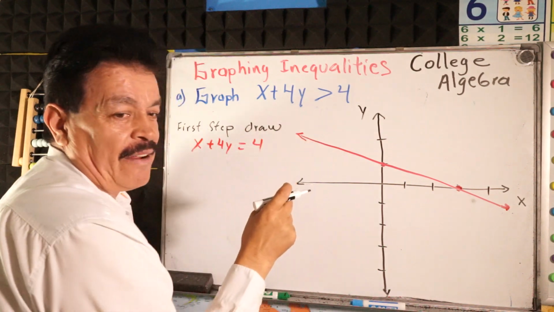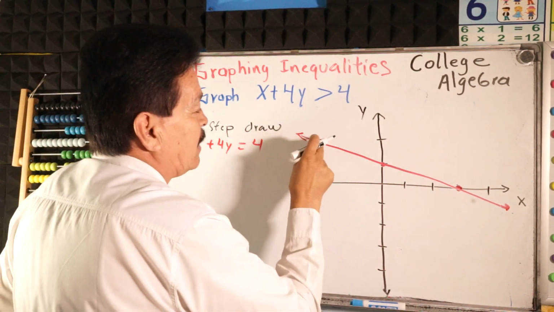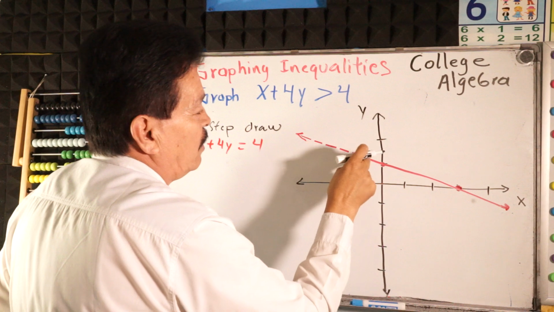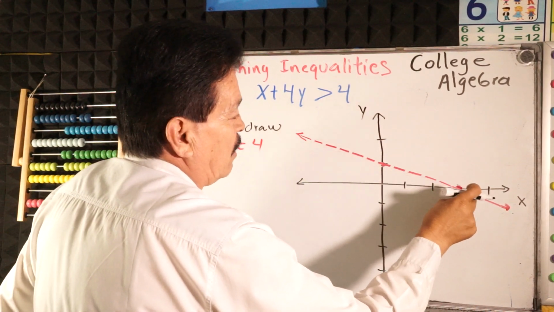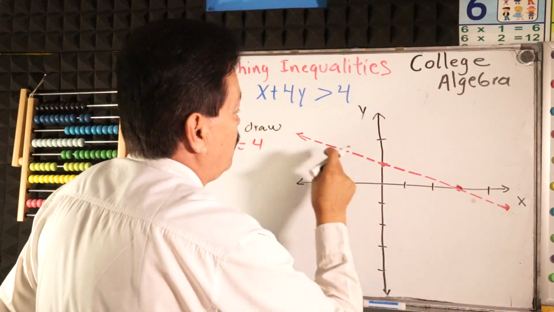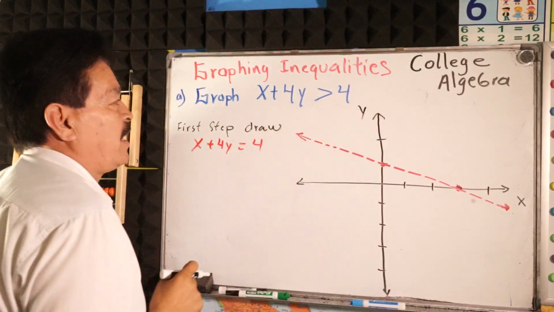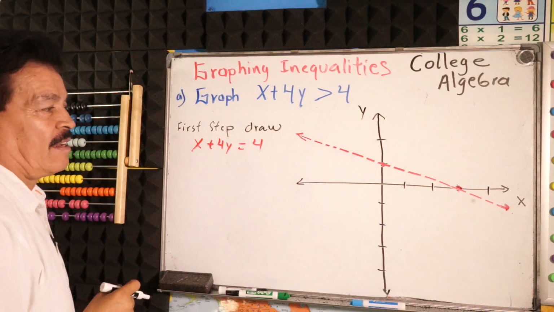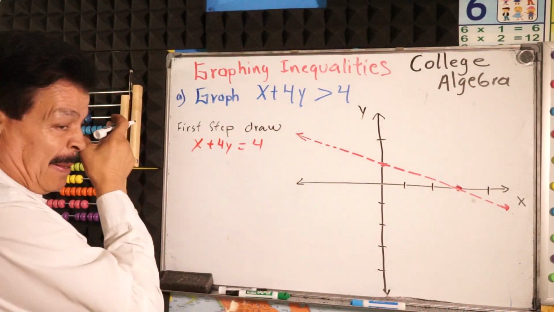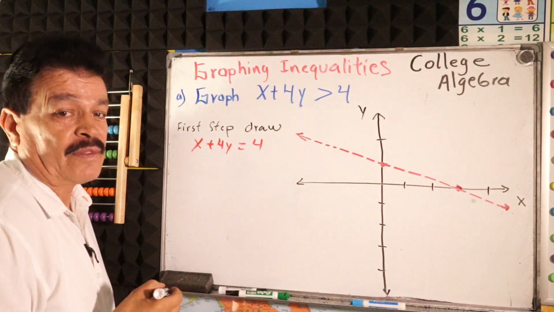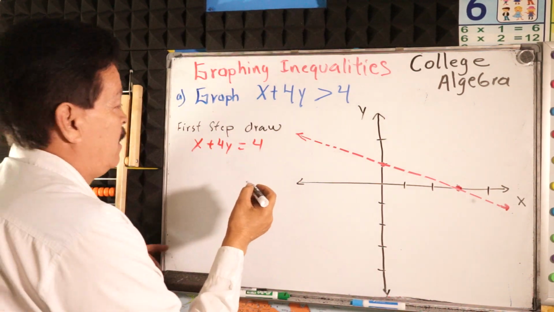So the graph must be like this. This is not continuous. Why? Because we are looking for x plus 4y greater than 4. So the line must not be continuous. All right. So next step. This is the graph.